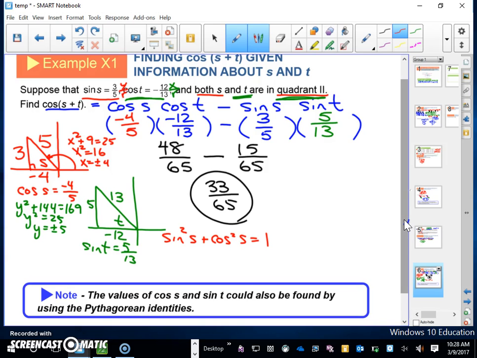They gave me sine S was 3/5, so squaring that, 9 over 25 plus cosine squared S equals 1.